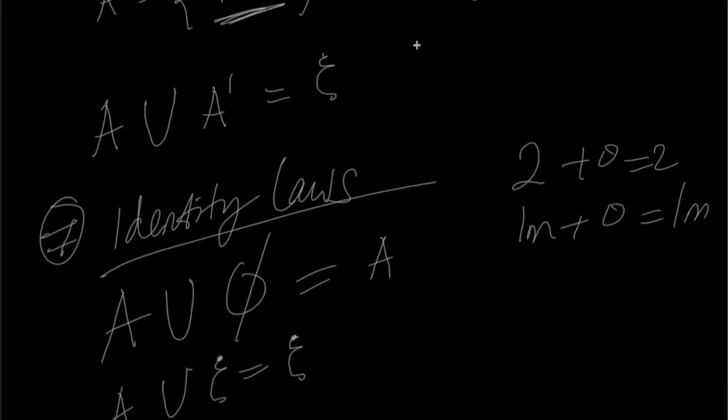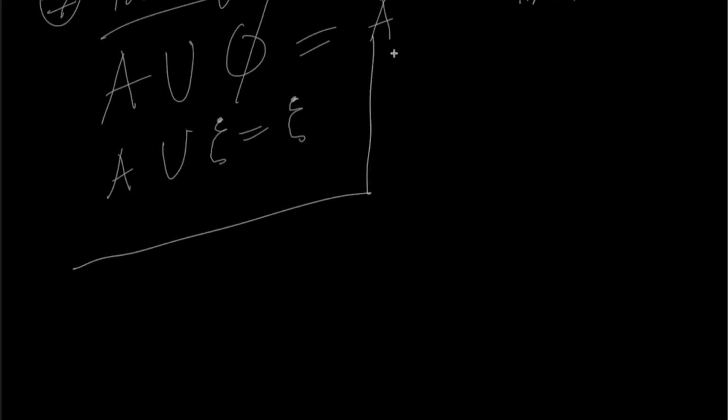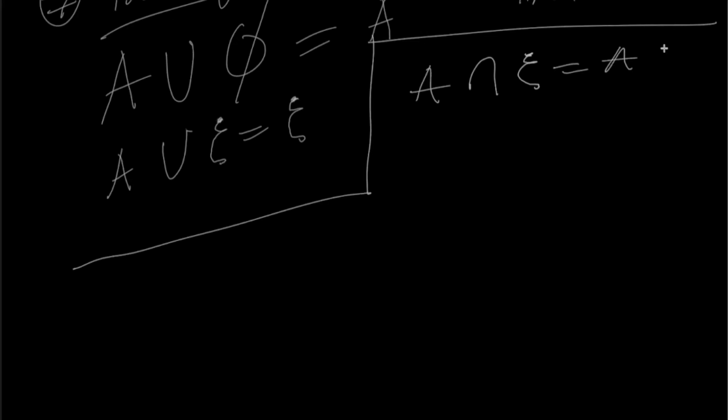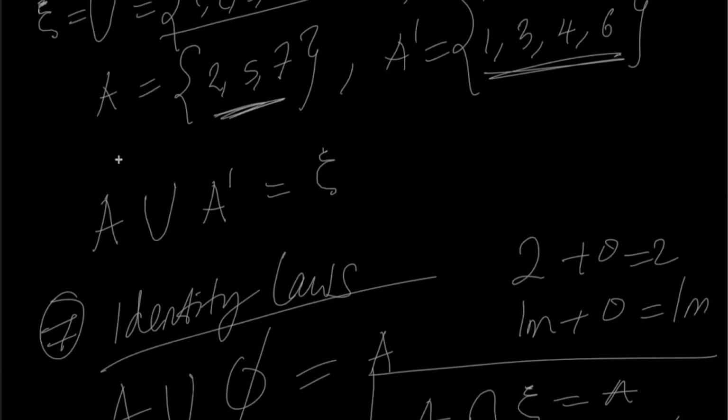We call it what? Identity law. Under this same identity law, if we look at the other side of it, which is the intersect, A intersect universal set is equal to A. If you investigate that also, you have the same thing. A intersect null set, you have null set. Of course, if this is A and null set, it means there is nothing inside, so the intersect between them is not possible. You are still going to end up with what? Null.